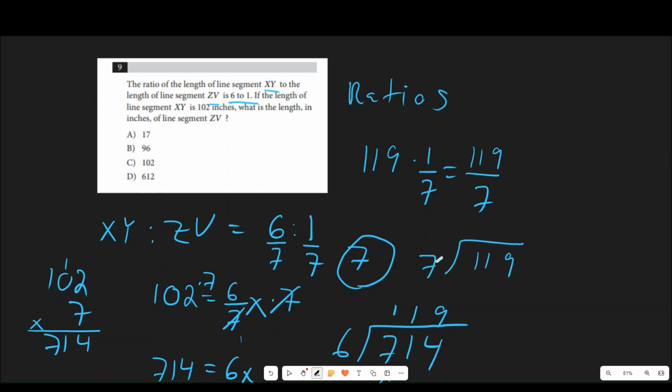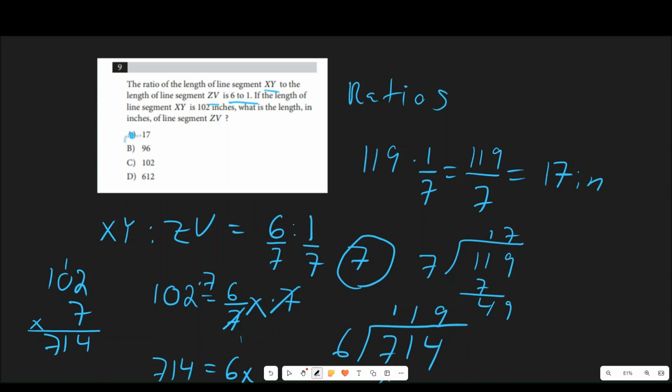We get 7 goes into 11 one time, and then we get 4, and then 7 minus 7, 49. So then we know that our ZV is going to be 17 inches. Is there an answer like that? Right here, there is.